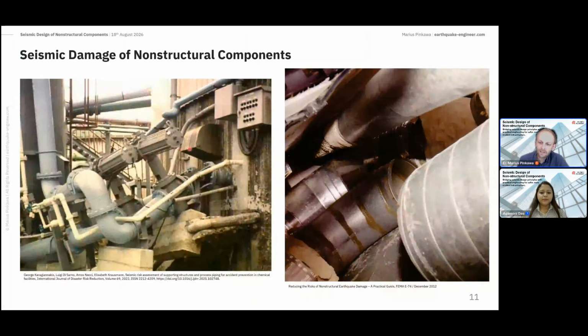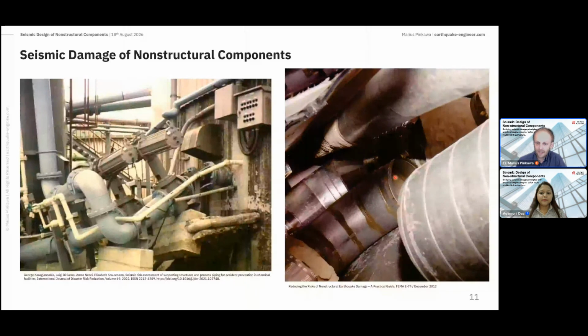Or in this case, it's a problem of relative displacement, but also about the seismic force acting on the components. So we need some seismic bracing. We need to transfer the inertial force to the structure. So we need seismic bracing and anchorage of the components to the building structure.